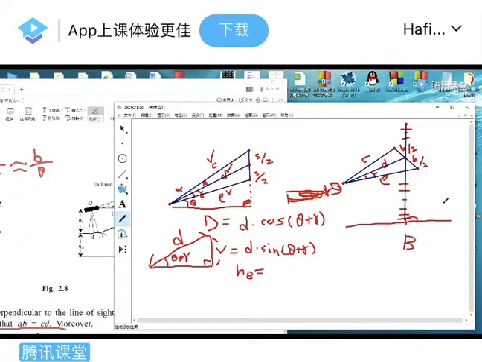Everything will become easier because what you try to measure is the distance between A and B. You want to measure the distance between A and B. This is your D. But instead of measuring this one, you move it over here. So now what you try to measure is this distance.